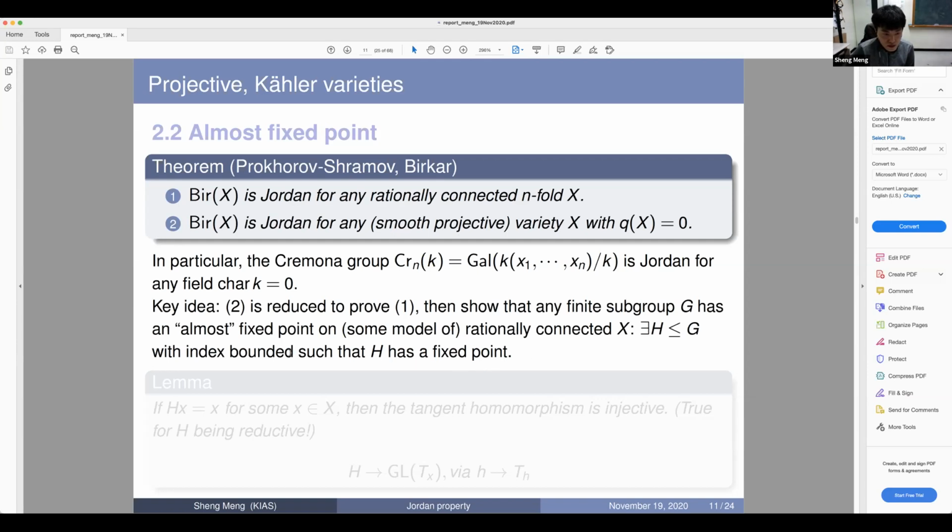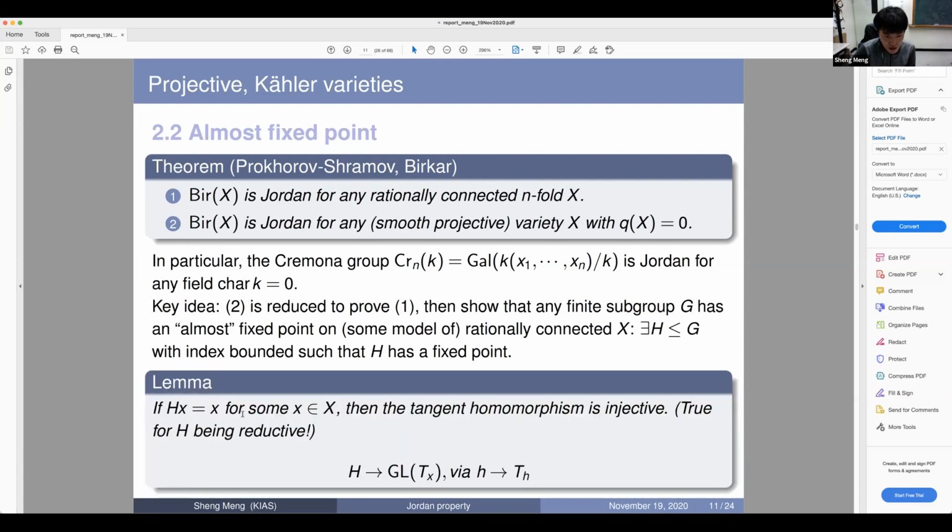In this way, if you find such H, then we have the following well-known lemma that H admits a faithful representation to the tangent space. So you can have the tangent map from H to the automorphism of the tangent space at the point x.